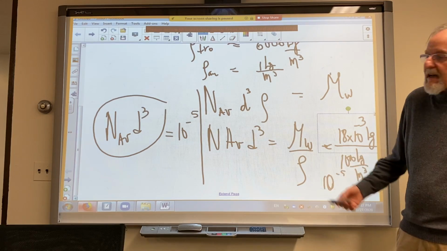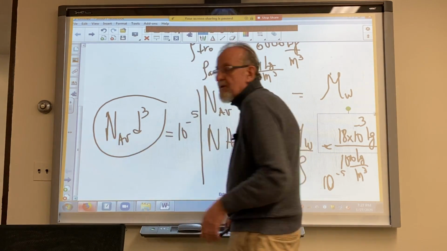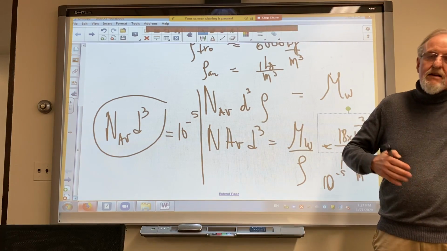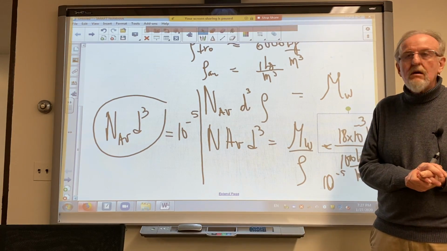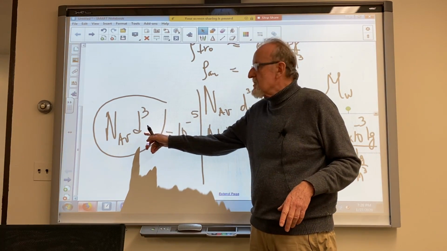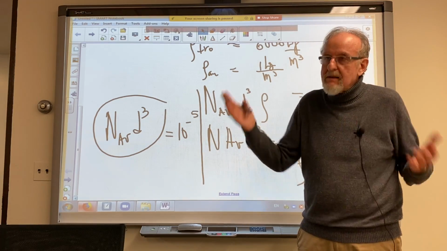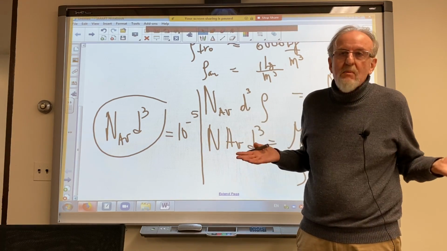So if the size of an atom is a micron, this is 10 to the minus 18, Avogadro's number will be 10 to the 13. If the size of an atom is 1,000 times smaller, Avogadro's number will be 1 billion times bigger. Nobody had any clue.